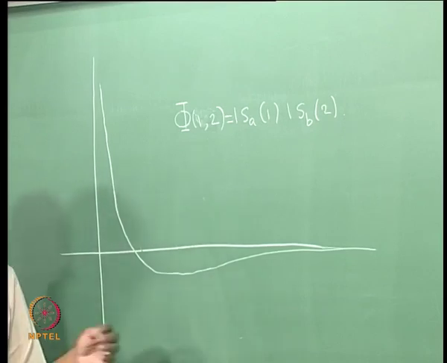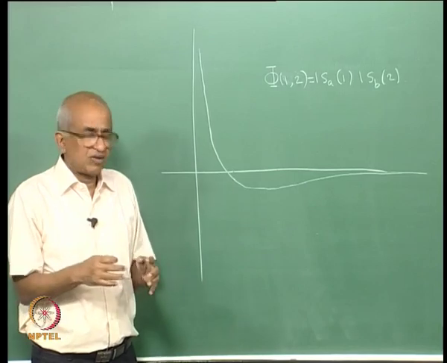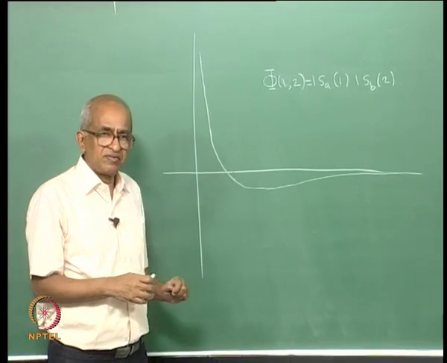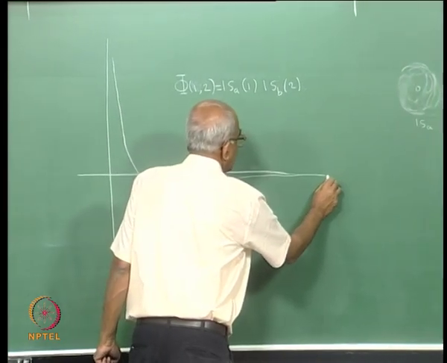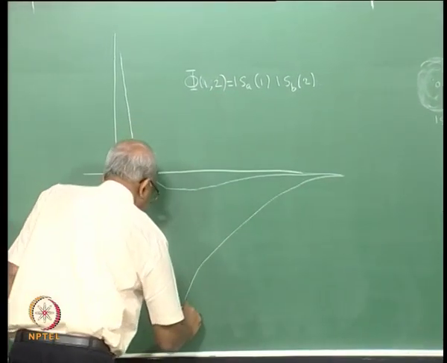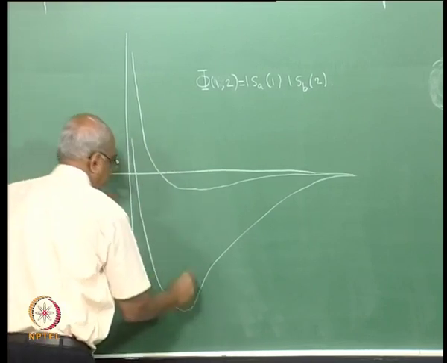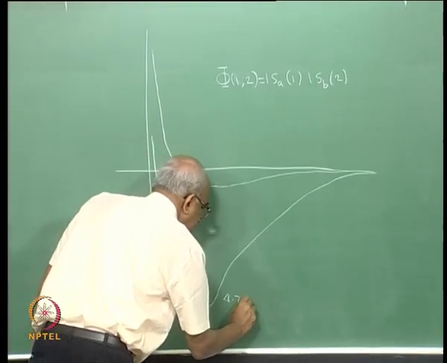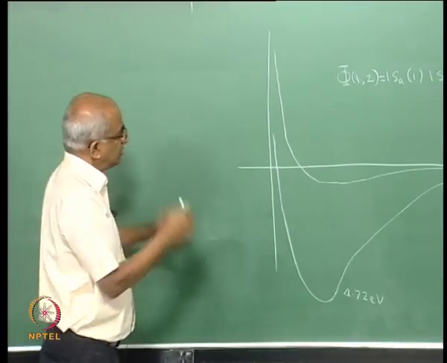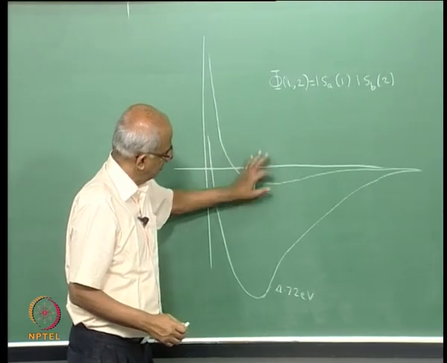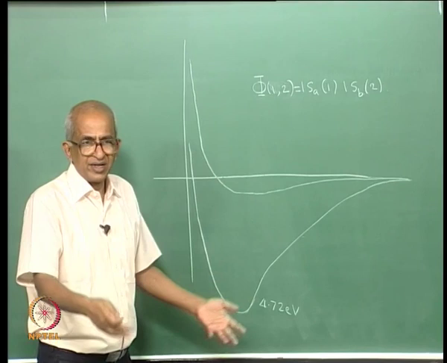If you use this as an approximate function and do the calculation, you will get a curve of this form, whereas the actual potential energy curve we have seen has a dissociation energy of 4.72 electron volts. If you use this approximate function, you will get something like 0.4 or even less.